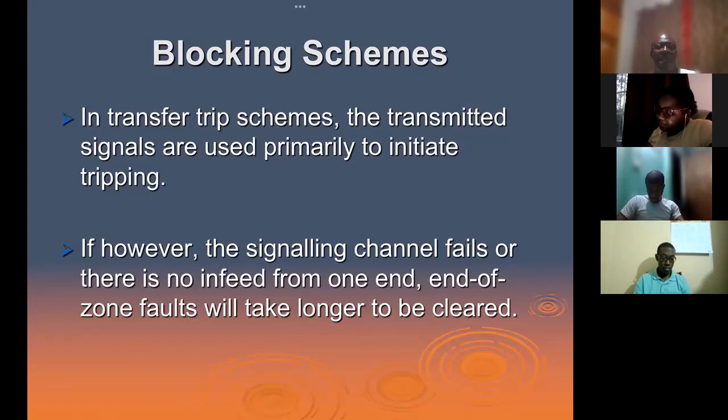Yes? But you don't want that. So the question is, would the blocking scheme help to militate against that problem? All right?